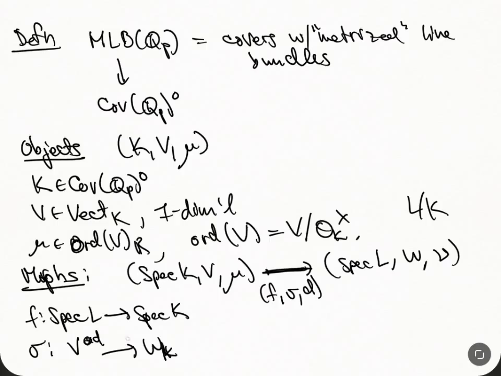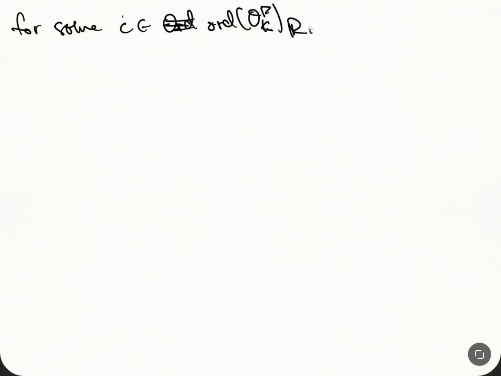And this is going to be such that sigma of, when we take the d-th tensor power of this mu, it's going to lie in C times nu_K. Let me say a little bit more about this. This is for some C in the realified order of O_K.